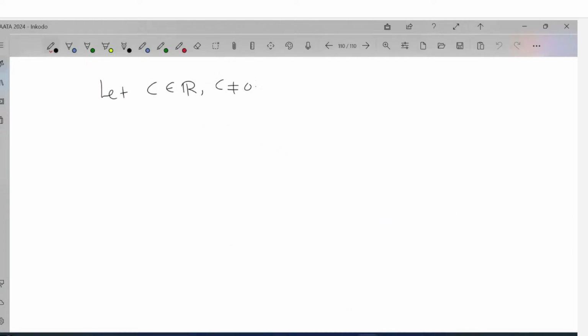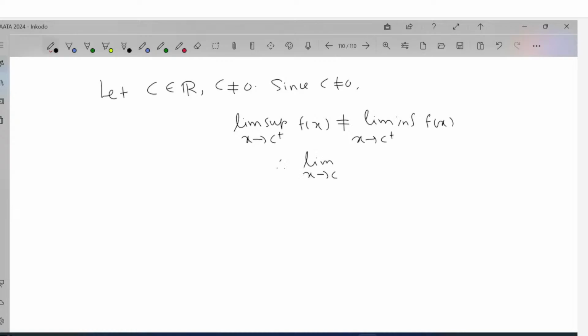Since c is not equal to 0, the lim sup as x tends to c plus of f(x) cannot equal the lim inf. Therefore, the limit as x tends to c plus of f(x) does not exist.